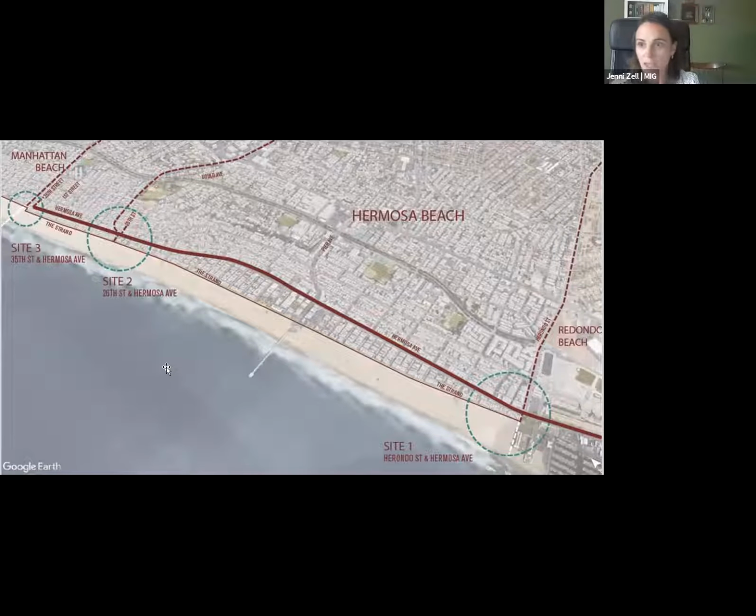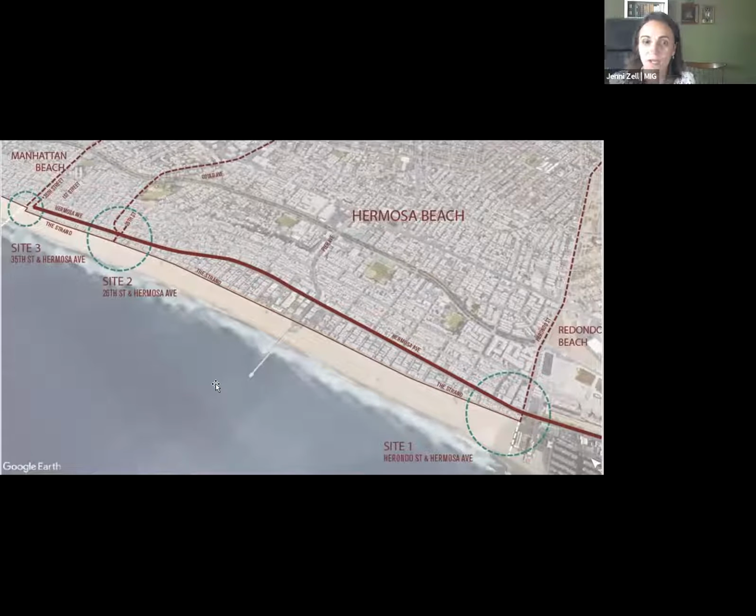And so just to give you a perspective on where we've been and where we're going, we have a constraints analysis, and that includes a hydrological study that's been provided by Moffitt Nickel. That's essentially the areas that are at risk of flooding here in Hermosa Beach with different sea level rise options.